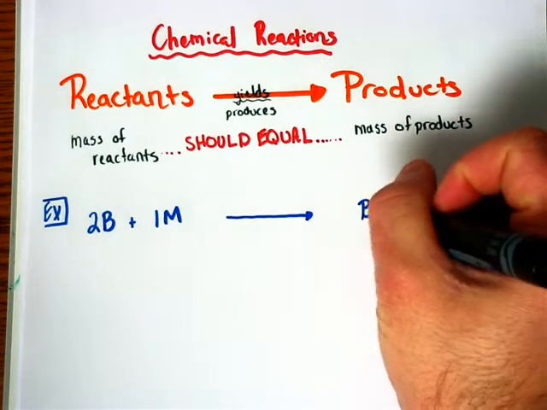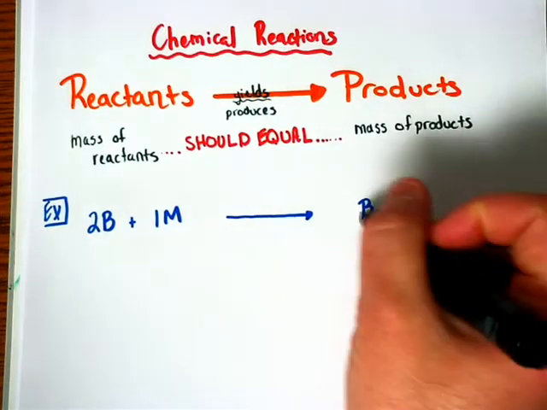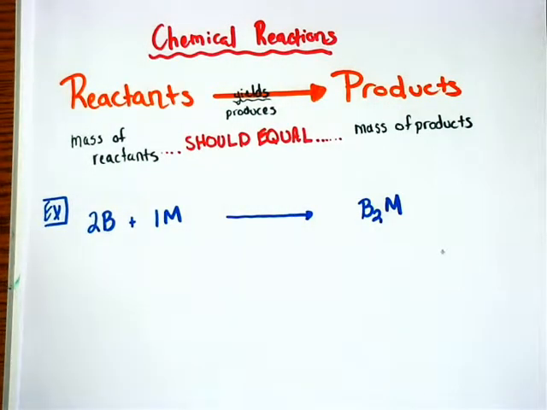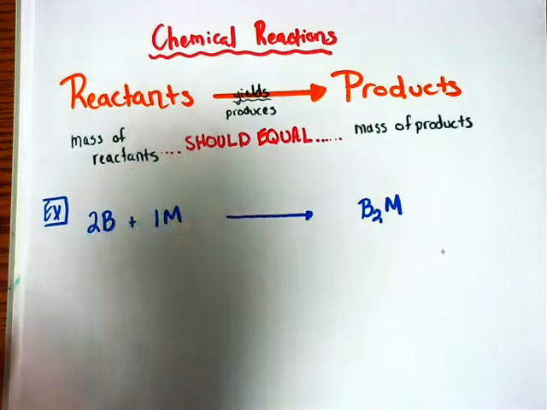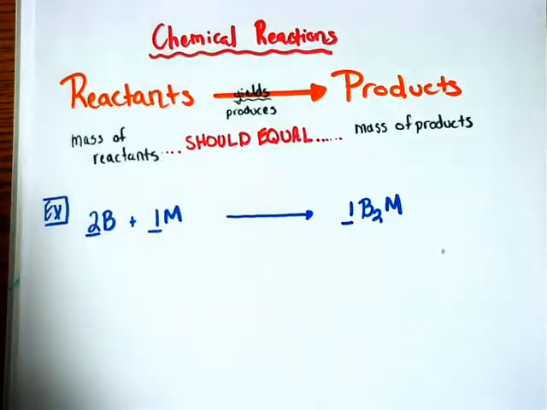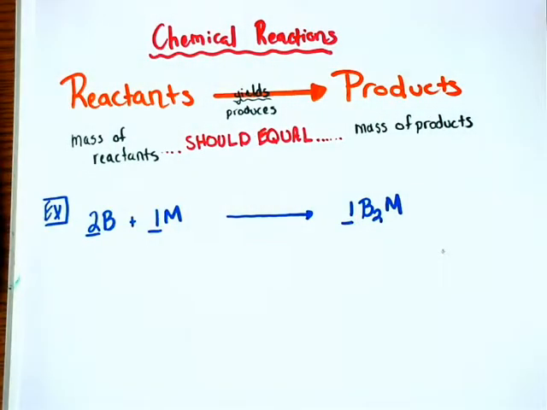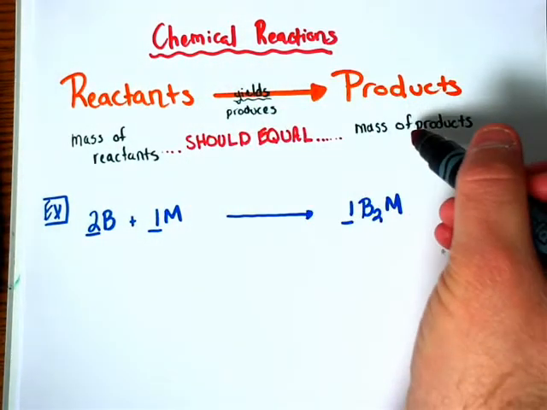And a sandwich is made of 2 breads and a meat, correct? Isn't that what a sandwich is? 2 breads for every 1 meat? Do you see how I've put the 2 in front on this? I've put those numbers in front. I'm doing that to conserve my mass. I'm doing that so that my reactants and products are equal.